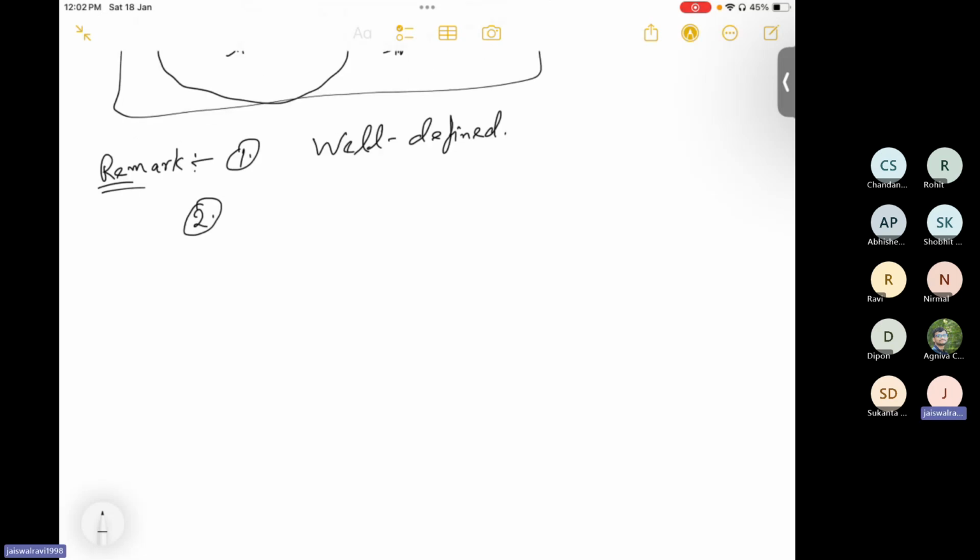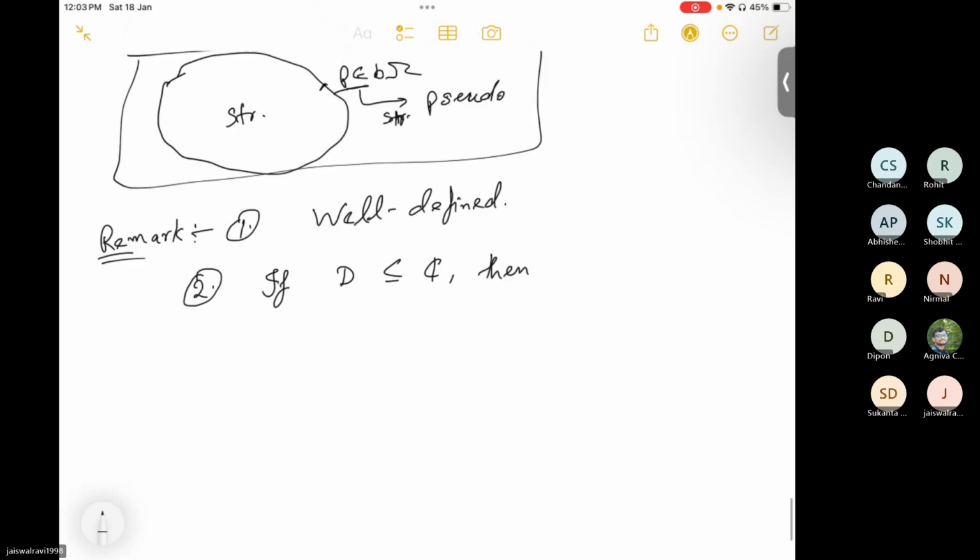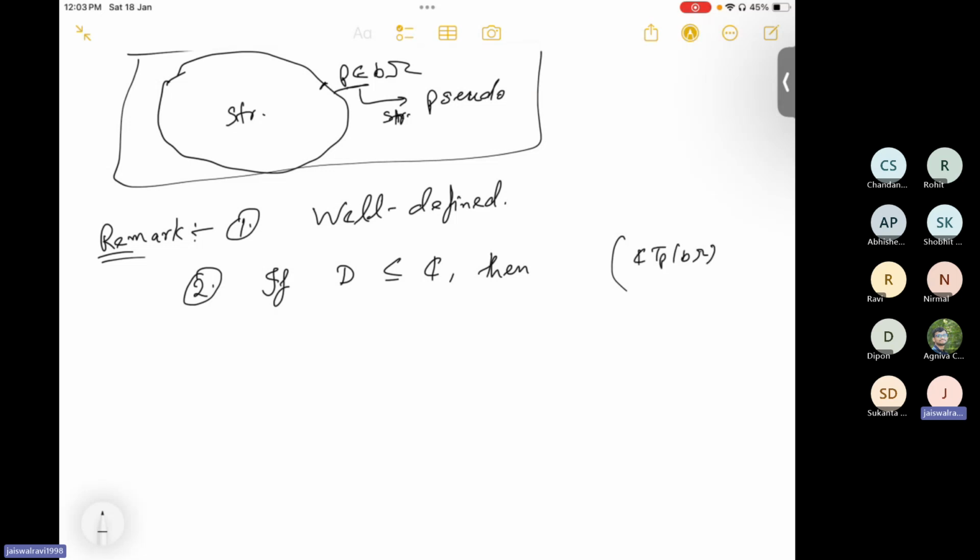If you take any domain in C, can anybody guess whether this domain is pseudo-convex or not? We have seen that for a domain in C, the complex tangent space is trivial.